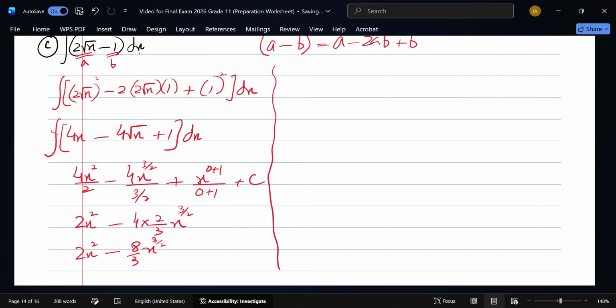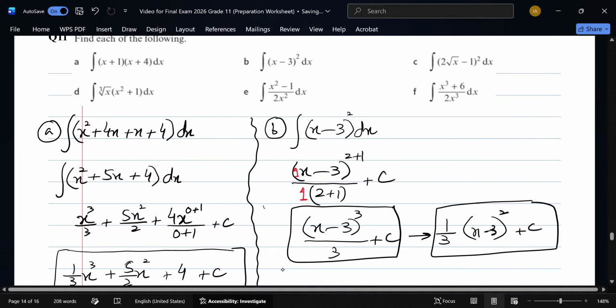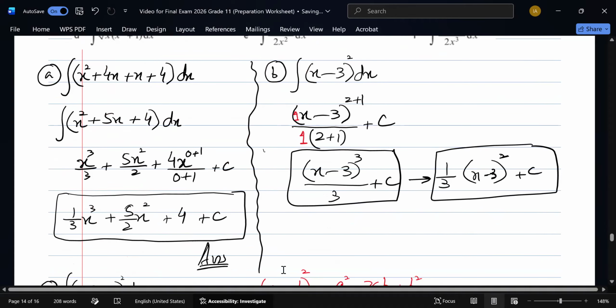Okay. Let's take the next part, and the next part is D. It says x cubed.